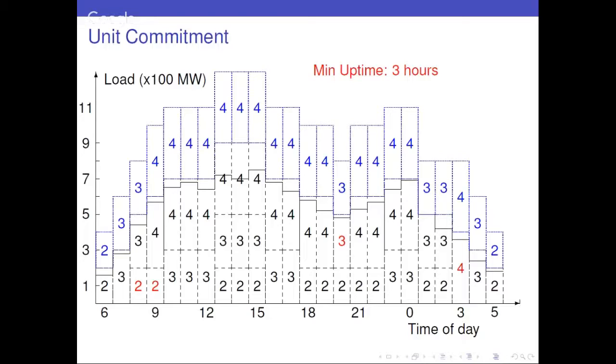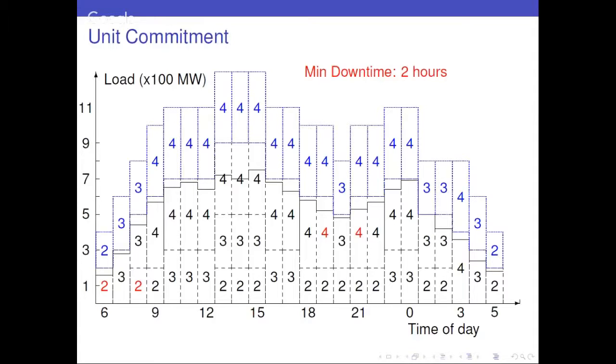In this solution, the color is not coming through terribly clearly, but for example, here there's generator 2 that's only on for 2 hours and then off again, so I can't do that. And there's another one here that's only on for 1 hour, so this would not be an acceptable solution because of that constraint. I also have minimum downtime. If I turn a generator off, it has to stay off for a certain amount of time. Again, there are some places in the schedule that don't satisfy those constraints.